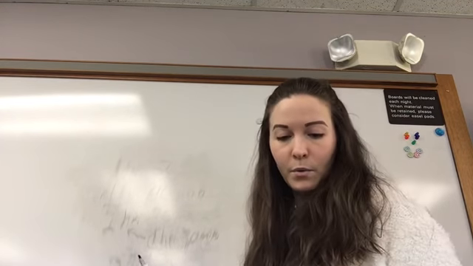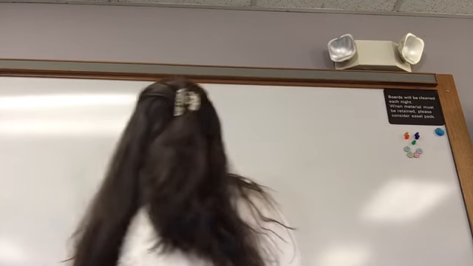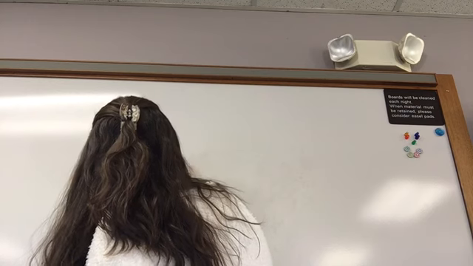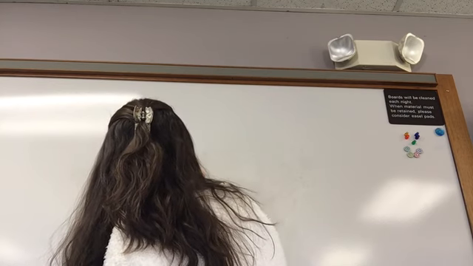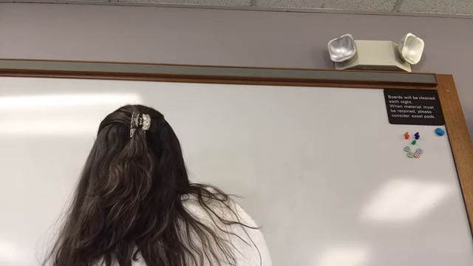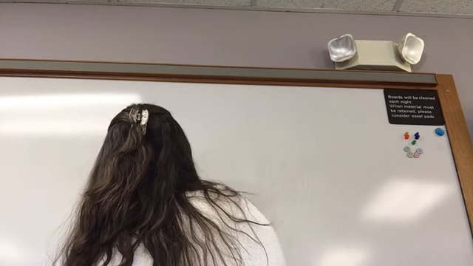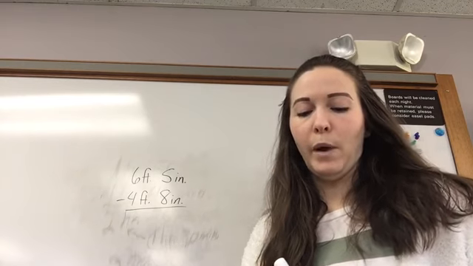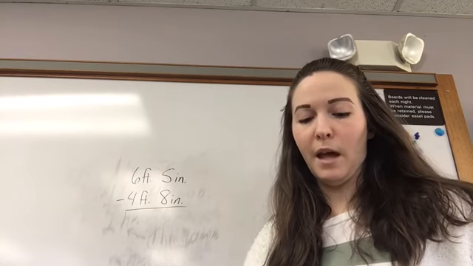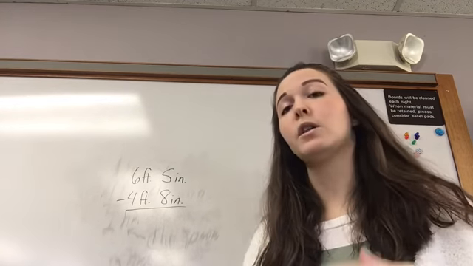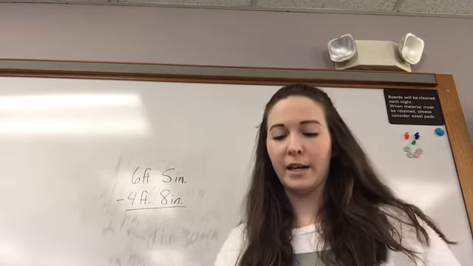All right, so we have 6 feet, 5 inches, minus 4 feet and 8 inches. Okay, so when we are subtracting our measures, we are going to often have to borrow from our larger measures, just like we borrow in normal subtraction.